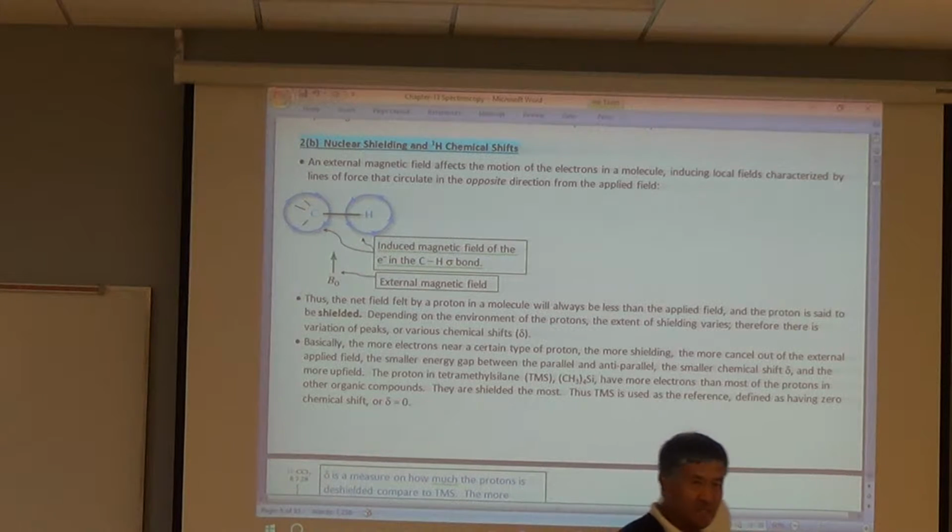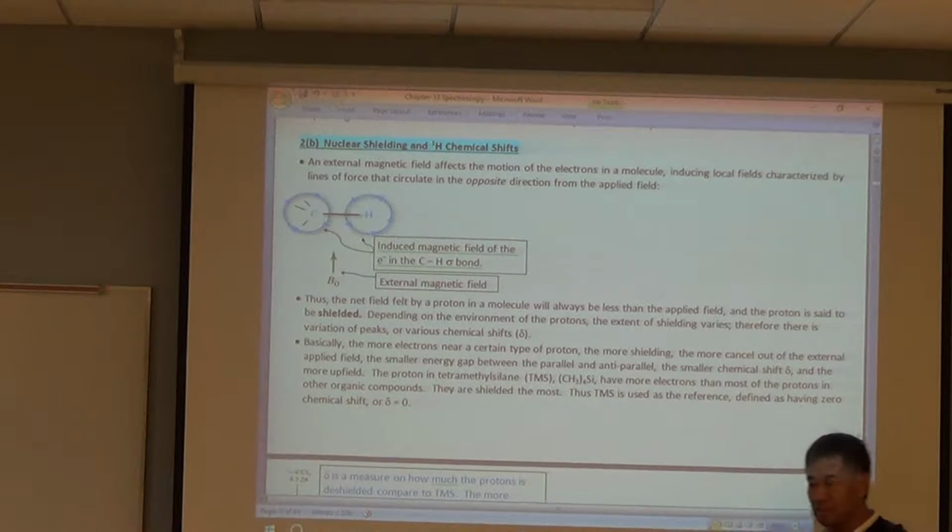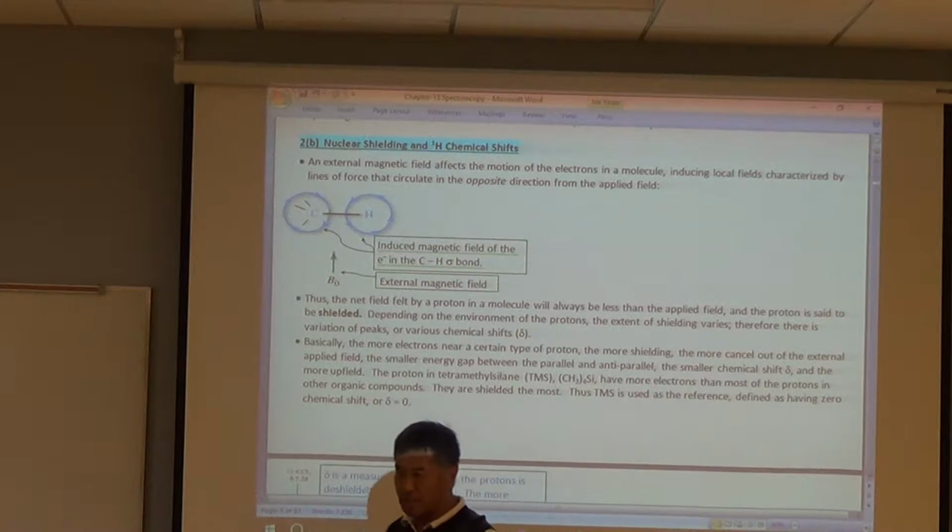B0 is the external magnetic field that makes the nuclear spins separate.